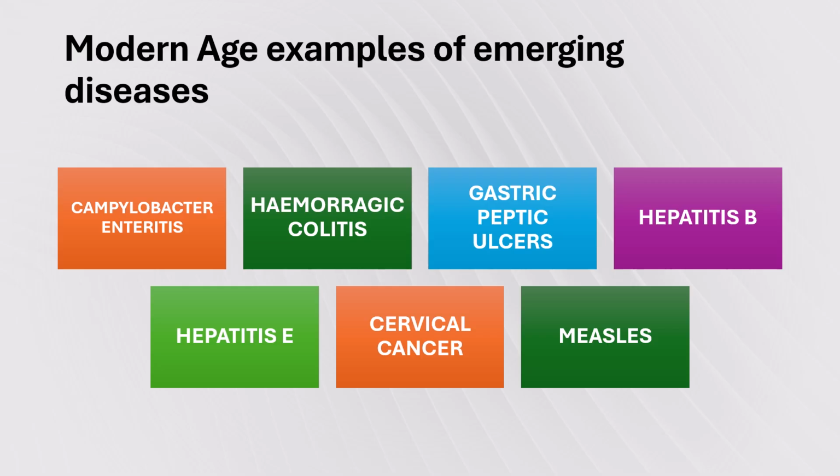I won't say it is more prevalent now, but there are increased incidences of cervical cancer caused by HPV due to increased surveillance. Then you have a variant of the rubella virus, which is now causing measles even in vaccinated individuals. So there is this mutagenic strain of rubella virus which has newly emerged.